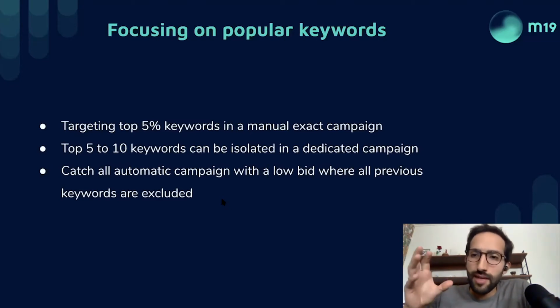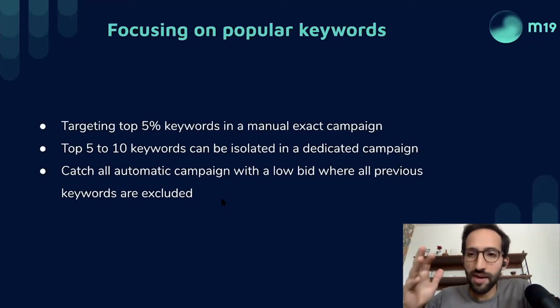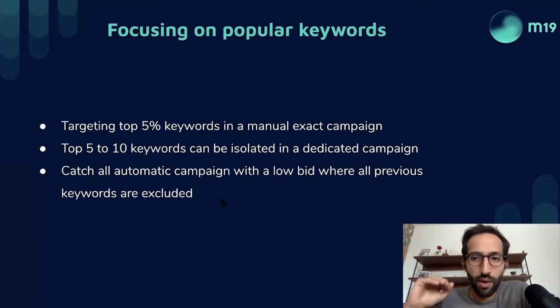Then some guys, within this 5% keywords, either they put them in one campaign or different campaigns, they will isolate the super high keywords, 5 maximum to 10 keywords, and they will isolate them in a dedicated campaign, one keyword per campaign.